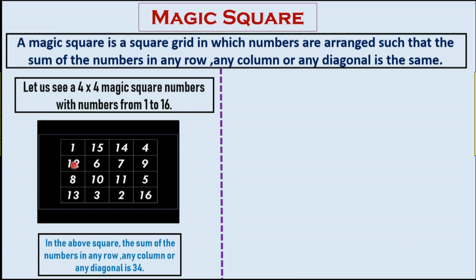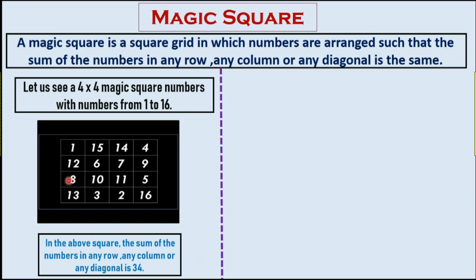Now see this. 12 plus 6, 18. 18 plus 7, that is 25. 25 plus 9, that is 34. The sum of the numbers in this row is 34.